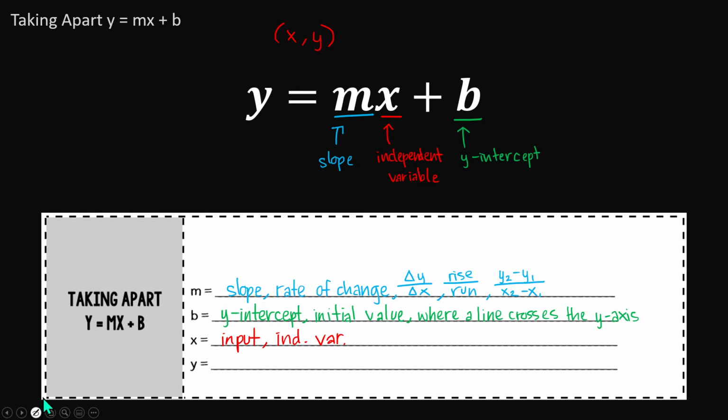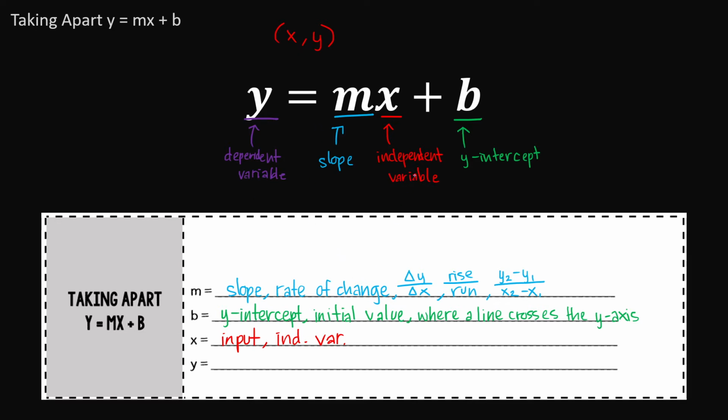So let's talk about what y represents. Y in the equation is the dependent variable. Basically, the value of y completely depends on the value of x, which is changing. I know in science class we talk a lot about the independent and dependent variables in an experiment.